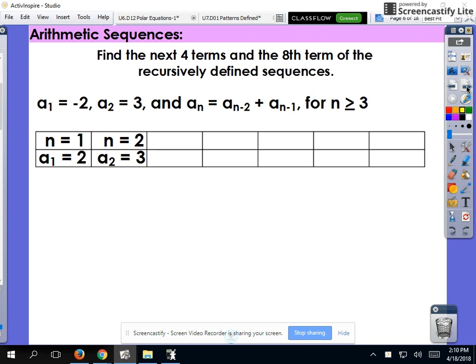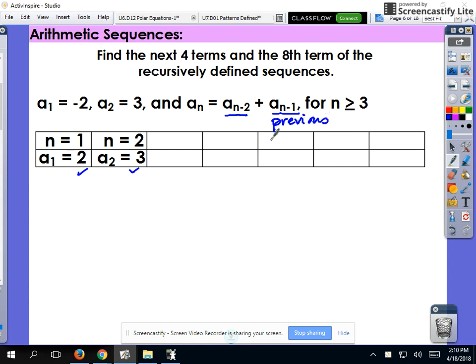All right, the next one is not arithmetic, but we're going to treat it kind of like we did before. Let's take a look. We're given the first two terms, negative 2 and 3. Great. And this one says that I know this is my previous.